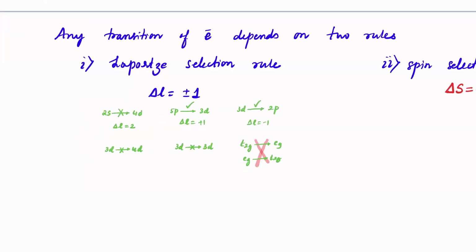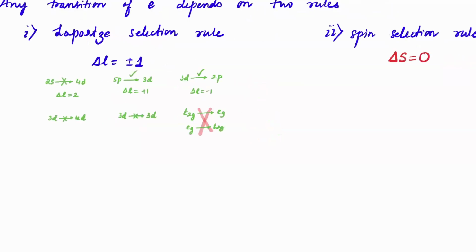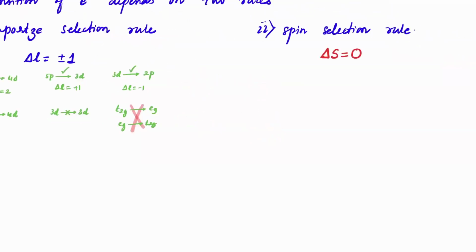So now you understood DD transition is not following Laporte's selection rule. Second rule is the spin selection rule. Spin selection rule means after excitation or de-excitation of electrons, the spin value should not change. If the spin of an electron was plus half, after exciting also it should remain plus half.